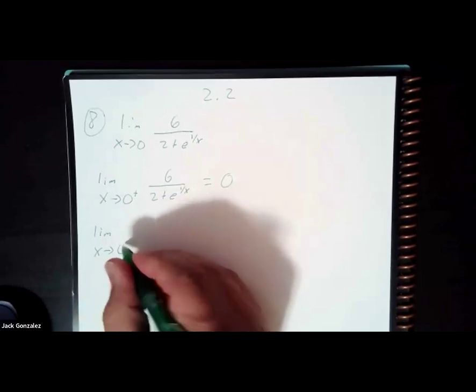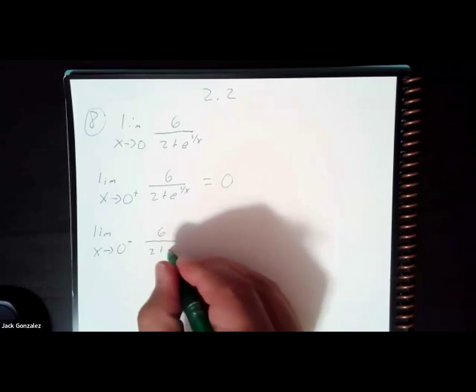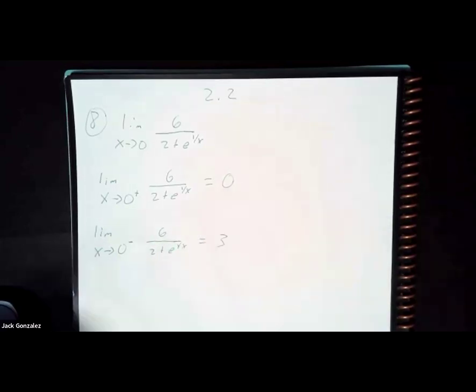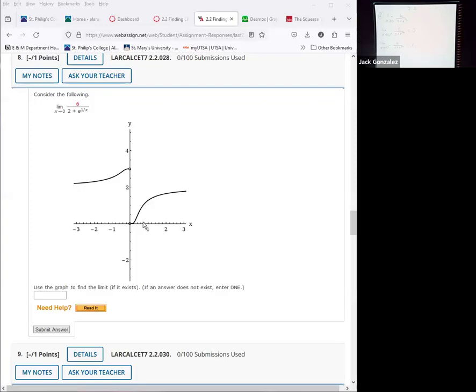Limit from the left side, you would use the negative symbol. We said it was 3, right? So that's how you write the notation.